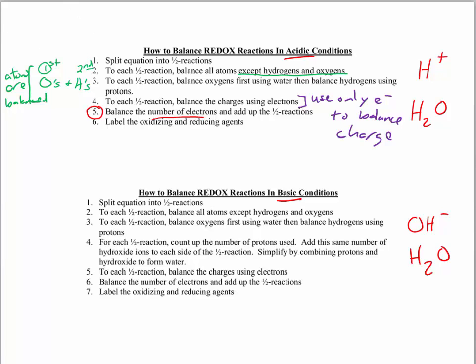And the little trick is recognizing that the first three steps here are the same three steps that we've already done for the acidic solution. What that means is that you are actually going to use protons initially to balance things out, and then in the end you're going to add a certain number of hydroxide ions to, in a sense, neutralize the protons you've added.